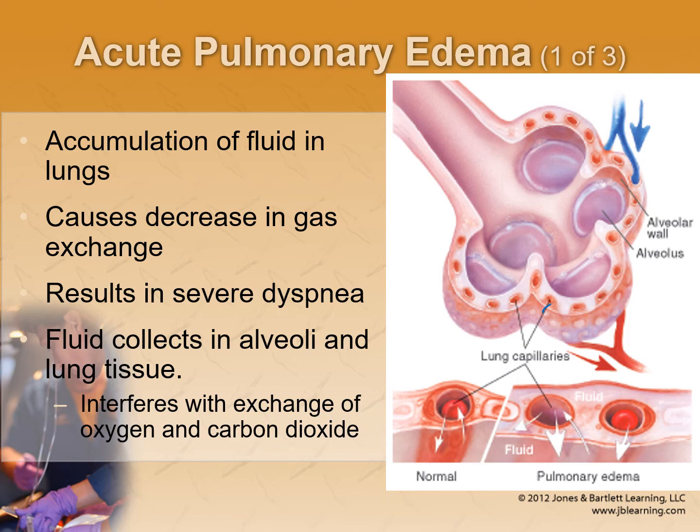I told you that gas diffuses best over a shorter distance, right? And that makes sense. It has to travel less, there's less material to go through, and it's more sensitive to the concentration gradient over a shorter distance. So we've got our capillary here. Note it's one cell thick.